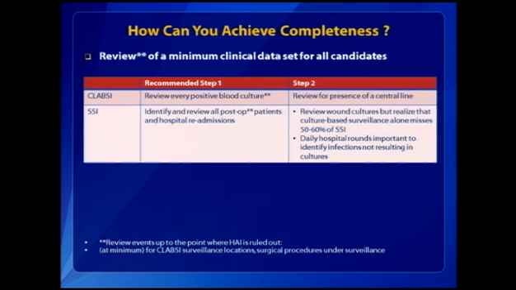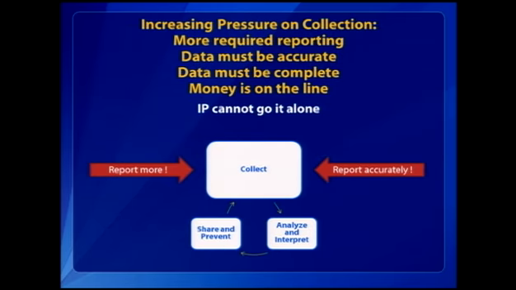Many SSIs occur without culture documentation, or are culture negative on antibiotics, so it's really important to do rounds on the wards to identify infections that may not be associated with a positive wound culture. And more is needed in the way of post-discharge surveillance to have complete ascertainment of SSIs as well.